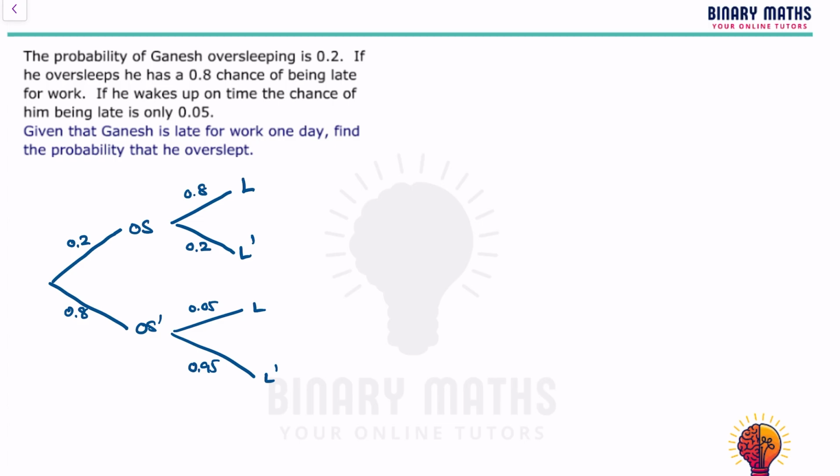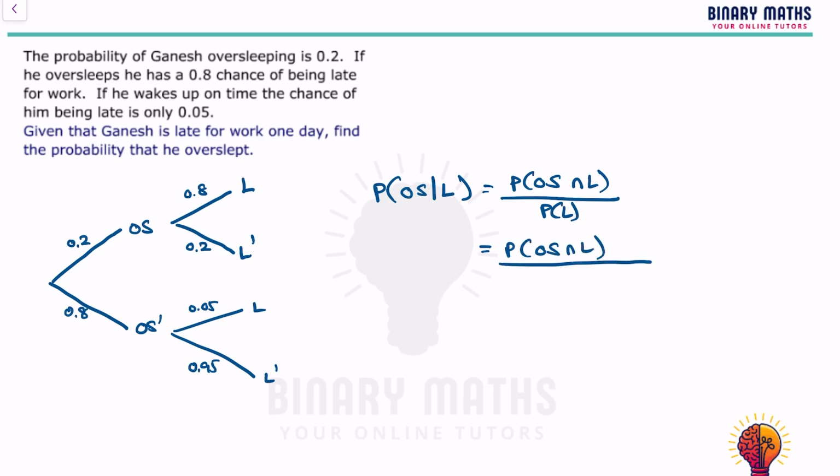Given that Ganesh is late for work one day, find the probability that he overslept. So this is probability of overslept given that he is late, which is probability of overslept intersect late over probability of late using the conditional probability formula. The two combinations where you can get probability of late are oversleeping and late plus not oversleeping and late.